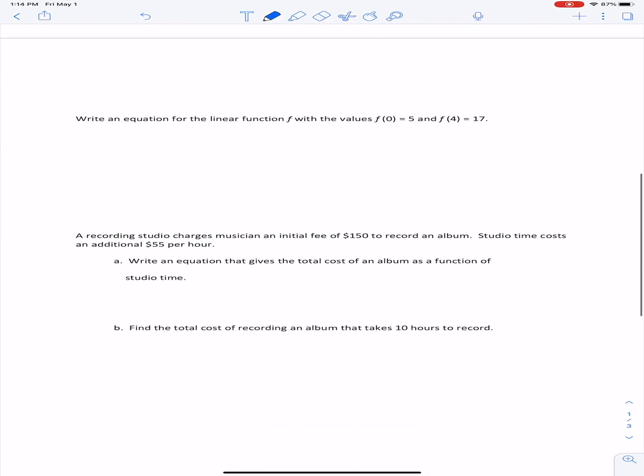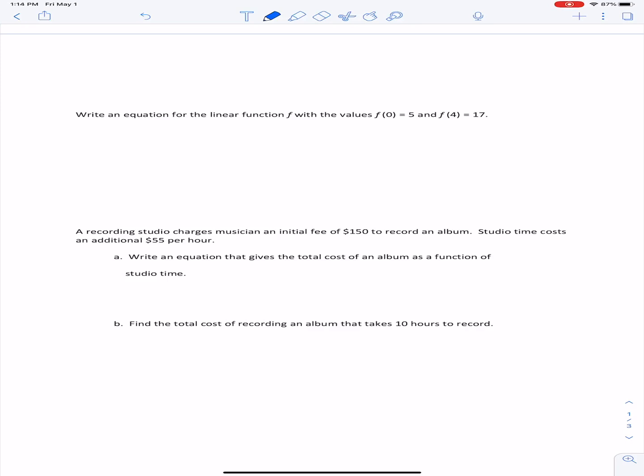Our next problem, we are now going to deal with functions. It says write an equation for a linear function f with the values f of 0 equals 5 and f of 4 equals 17. When we talked about functions in our earlier videos, we know that f of x is just a fancy way to write y.